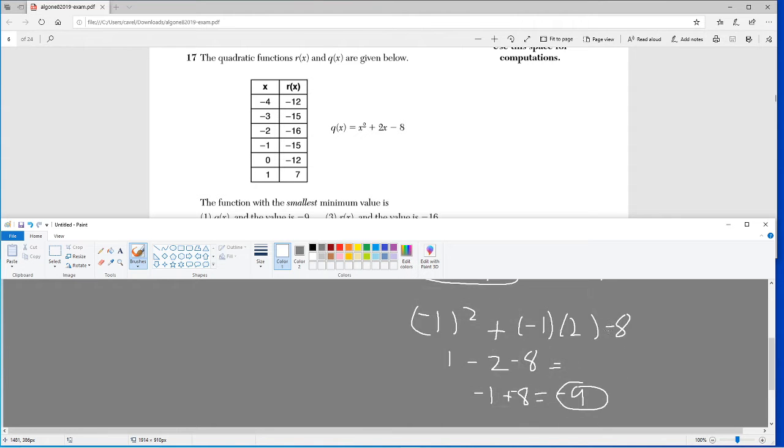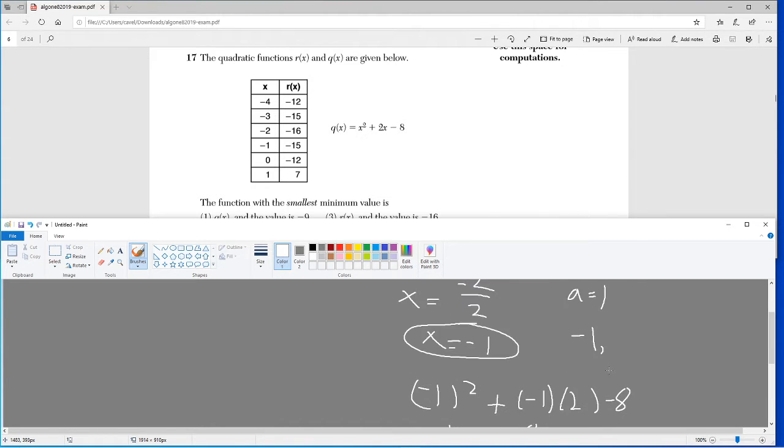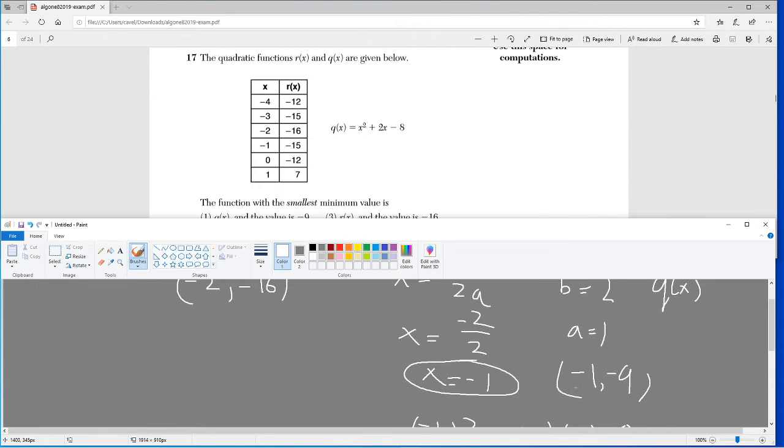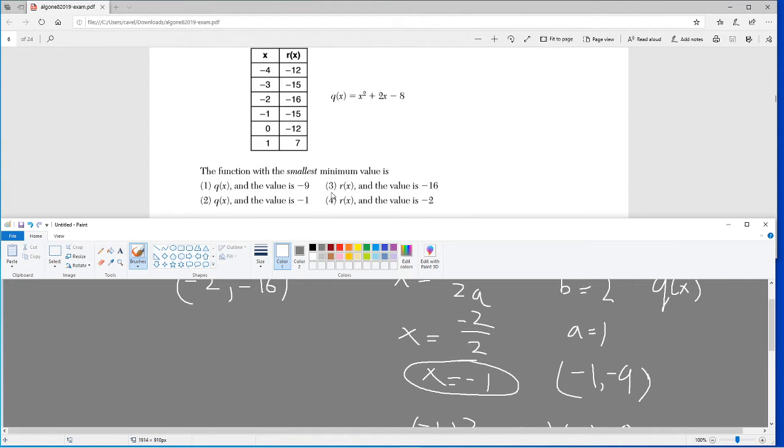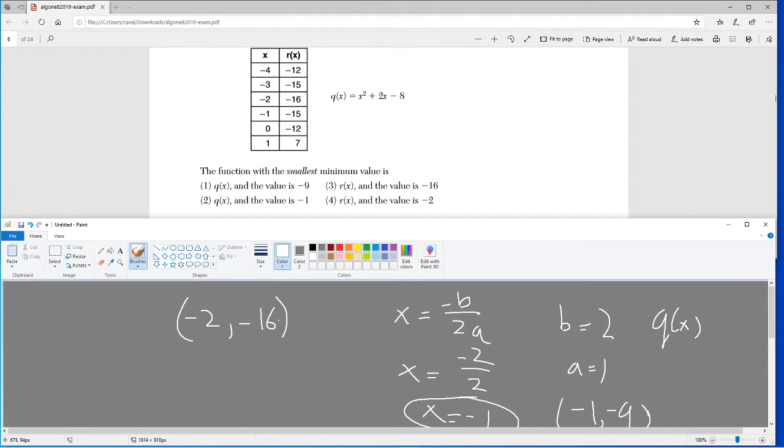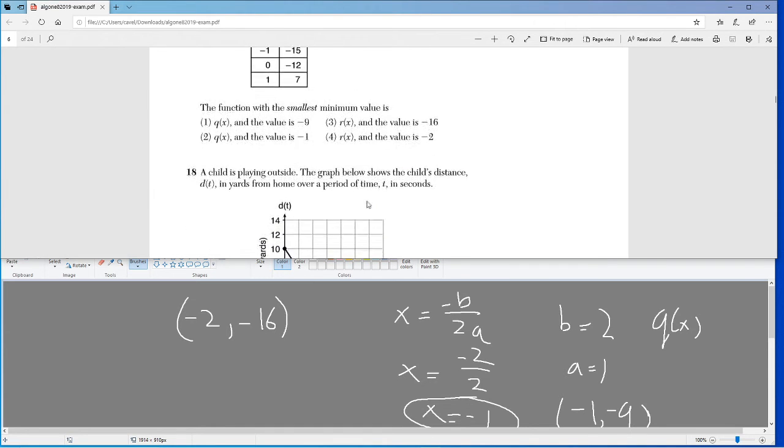So -1, -9 is the minimum for q of x. The minimum for r of x is -2, -16. So the function with the smallest minimum value is r of x with a value of -16. Okay, so choice 2.